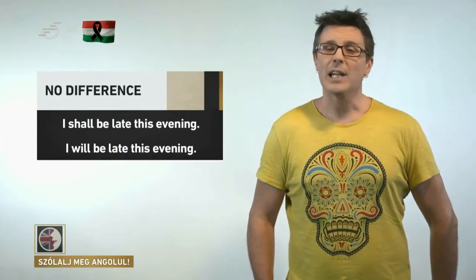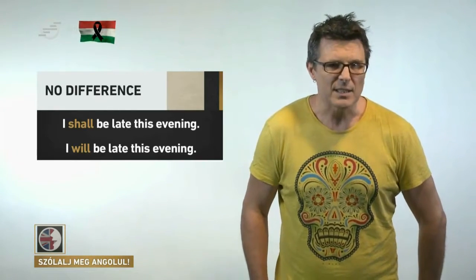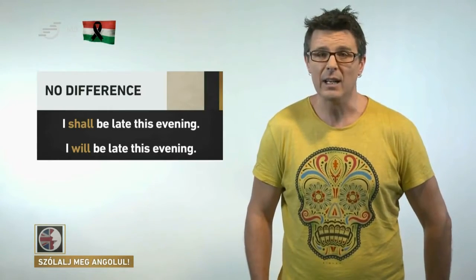Now, one other thing about will is that we can use the word shall as a synonym for will when we use the personal pronouns I and we. So we can say, I shall be late this evening, I will be late this evening. There's no difference between the two. The full form is shall and the short form is 'll, which means that in most sentences it's impossible to tell if we're using will or shall.